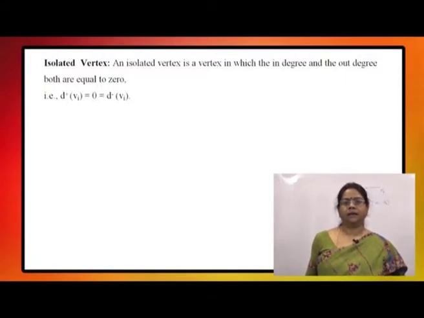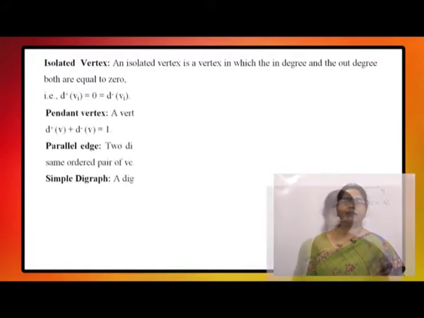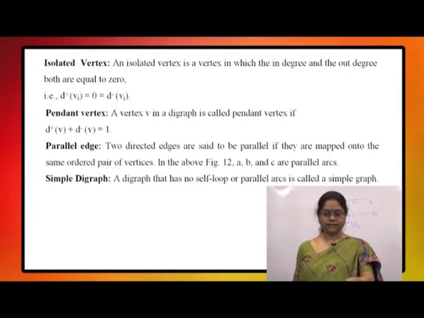Now we come to the term isolated vertex. Similarly, as in the case of undirected graph, here also an isolated vertex is a vertex in which the in degree and out degree both are equal to 0. That is, no edge comes out of it and no edge goes into it. So d plus Vi equal to 0 equal to d minus Vi. Then we call it an isolated vertex. What is a pendant vertex?